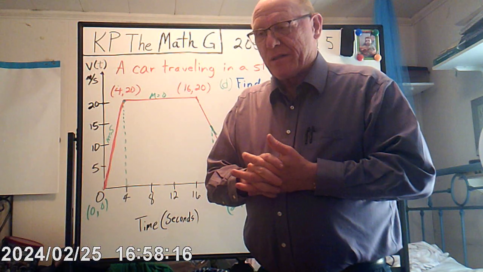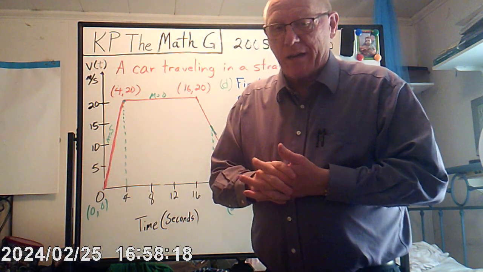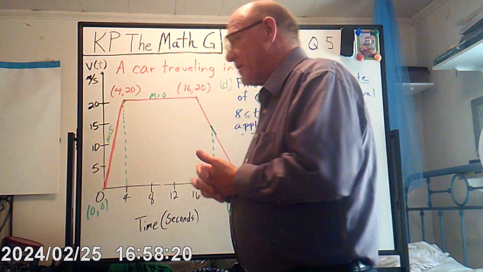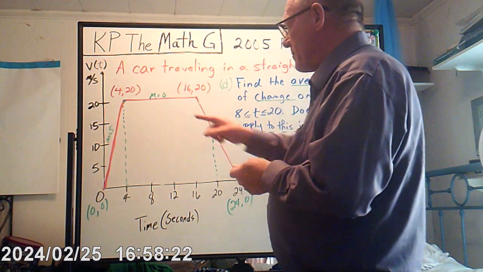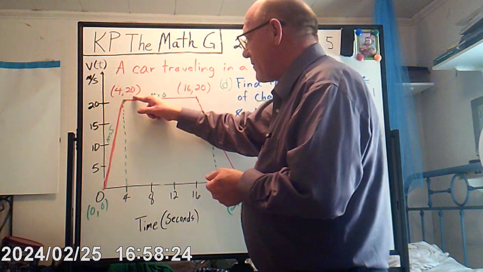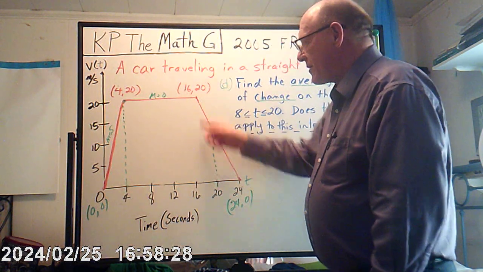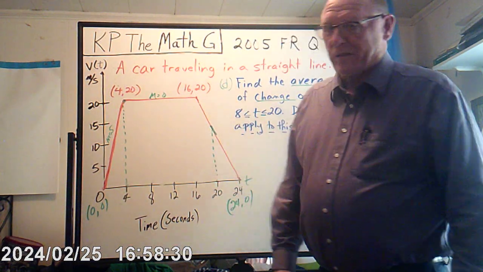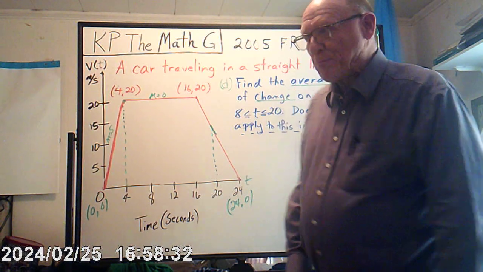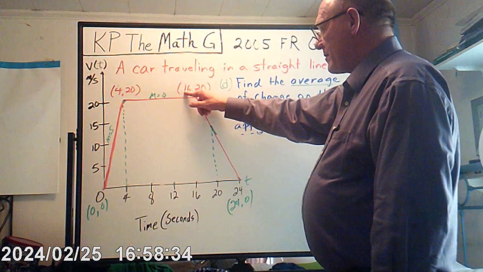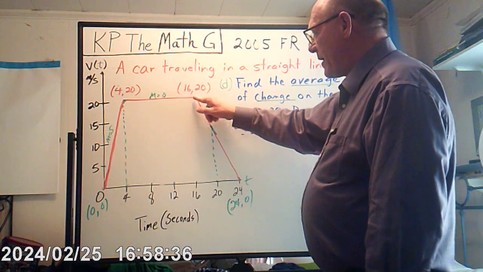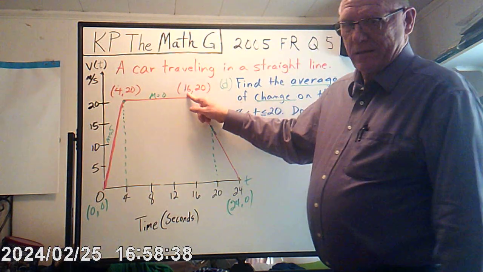And so the limit does not exist at t equals 4, and so we see that this is not differentiable here. Look over here. Do you see another corner point that's not differentiable? Yeah, right here. This point here, t is 16.